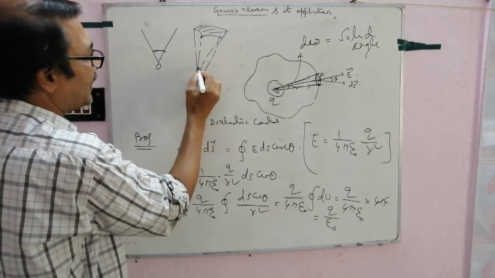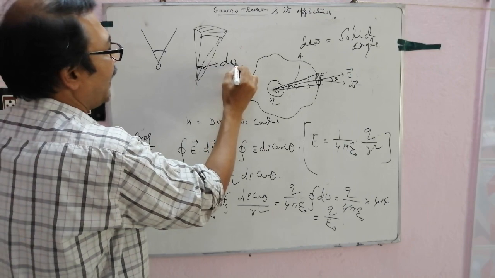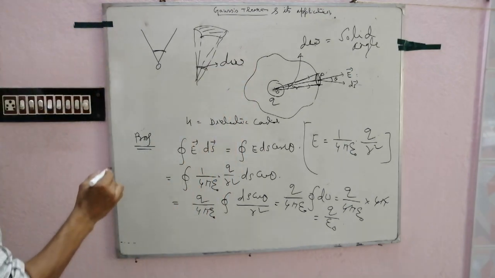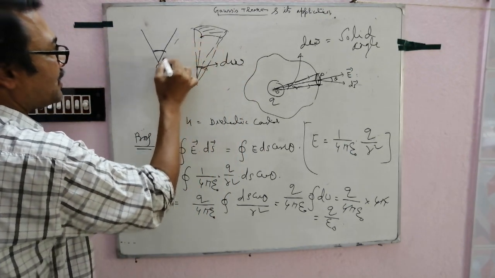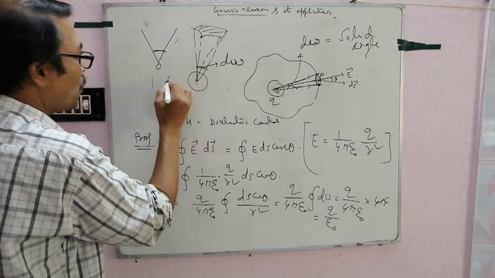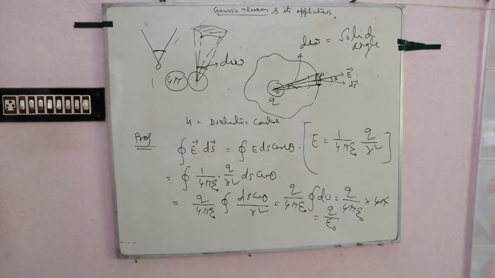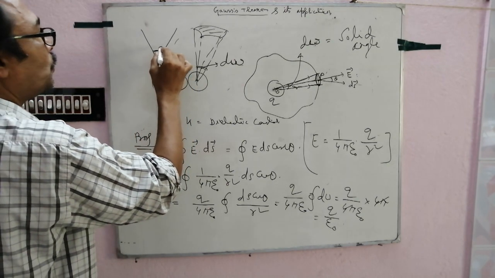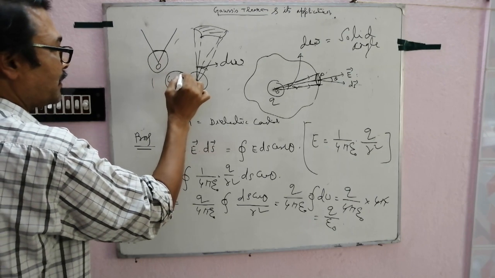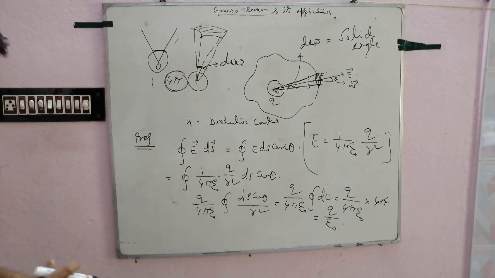This surface area, this 3-dimensional angle is solid angle, and if we go around a spherical surface, at the center it will make 4 pi steradian. The total angle is 2 pi in 2 dimensions, but solid angle is 4 pi. So we proved the Gauss's theorem.